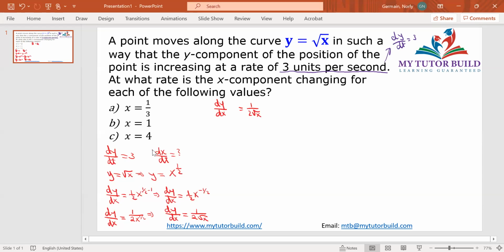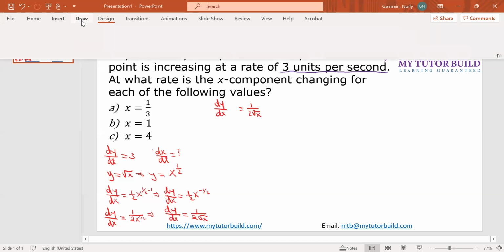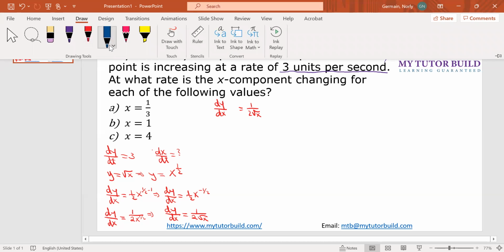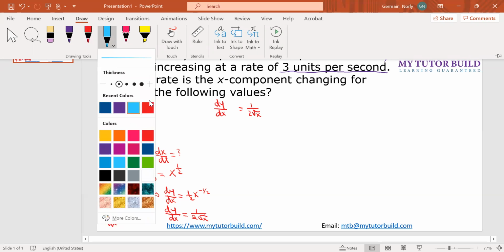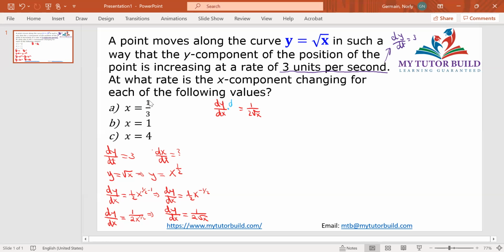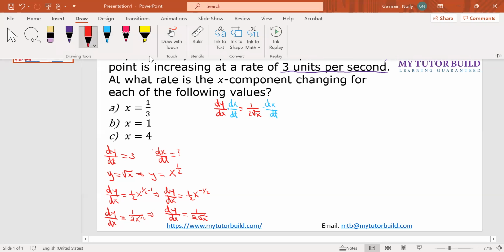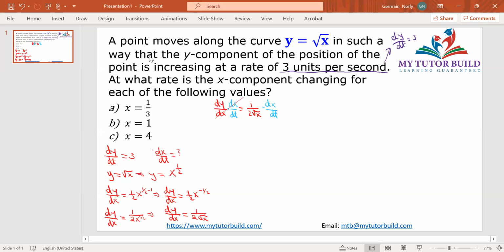We know dy/dt, and we're looking for dx/dt. So at this point, we're going to multiply both sides of the equation by dx/dt. Once you multiply both sides by that, you can simplify dx. We have dy/dt on this side equal to 1 over 2 square root of x times dx/dt.